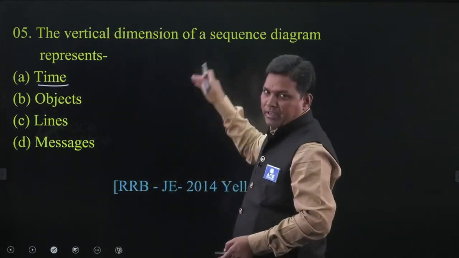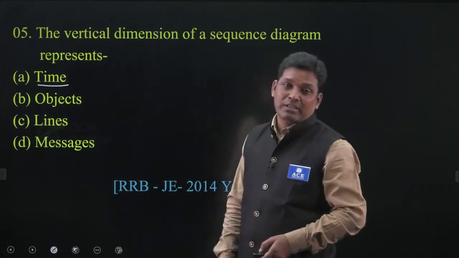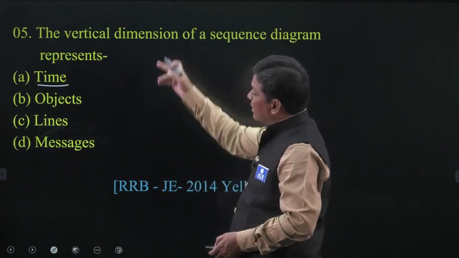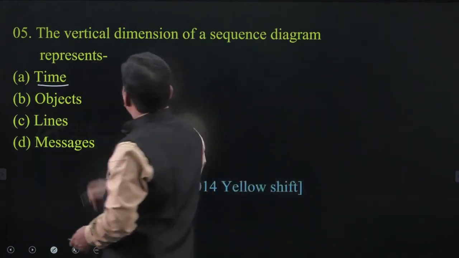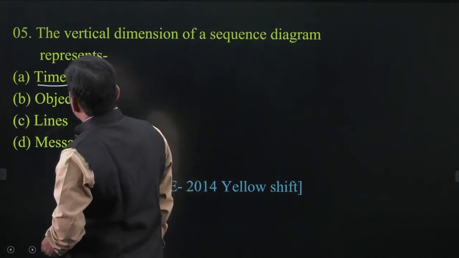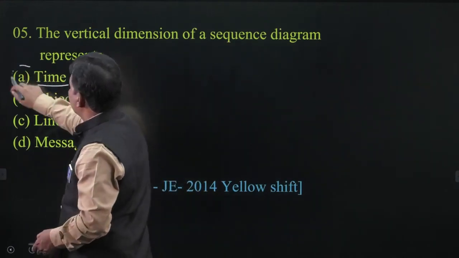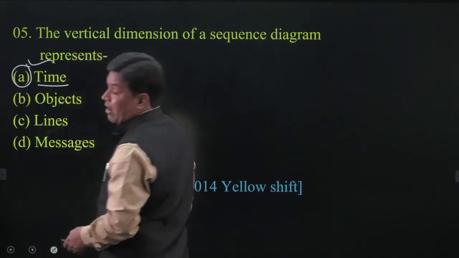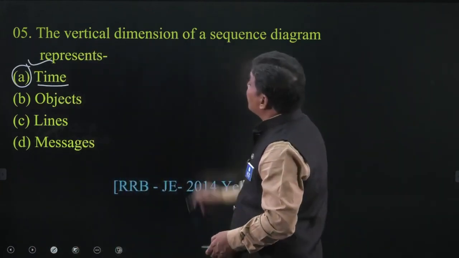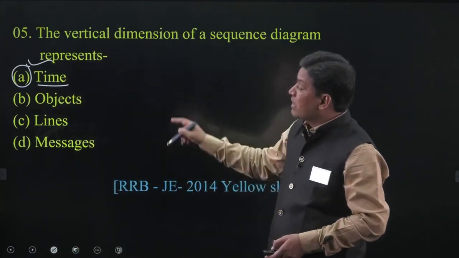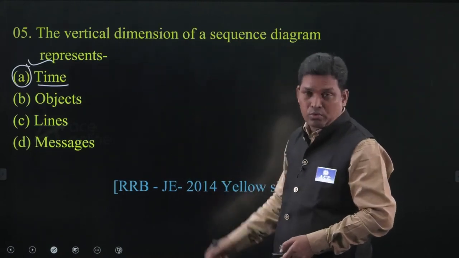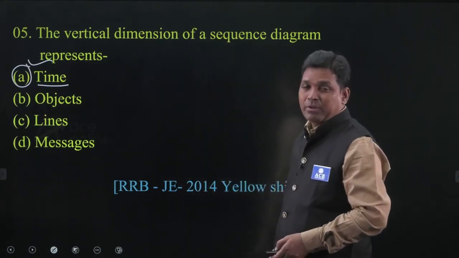That's why it is time ordering. A sequence diagram represents time ordering. So the vertical dimension of a sequence diagram represents time. This is the answer. Whereas the horizontal dimension of a sequence diagram represents objects. These questions were asked in previous years, right?